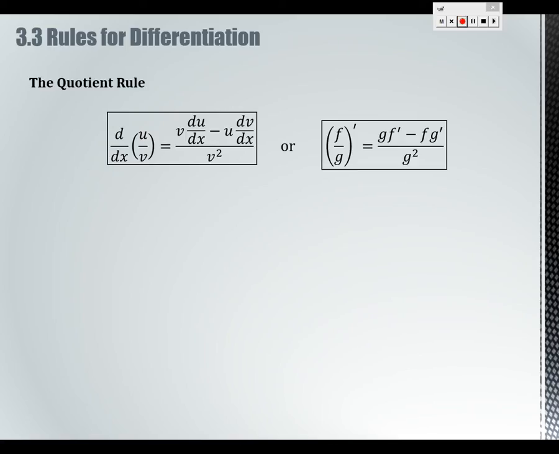By d, I mean the derivative of that thing. So the way this sounds out loud that makes this very easy to remember is ho d high minus high d ho over ho ho, right? So that's how it sounds.